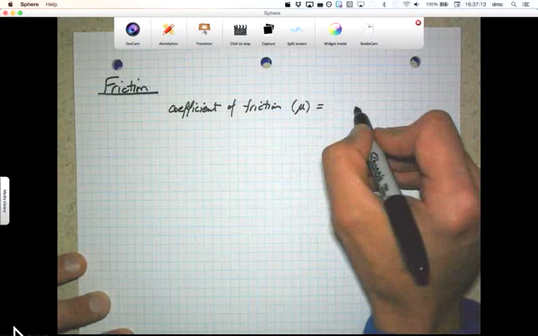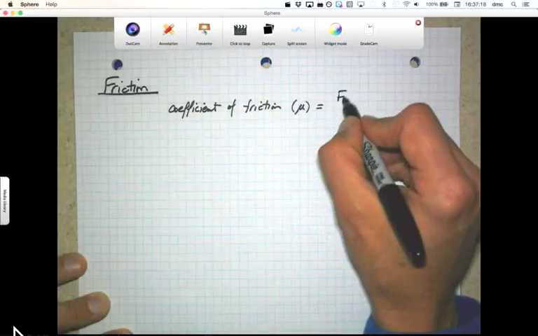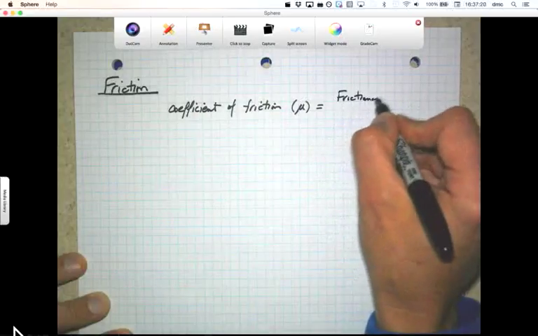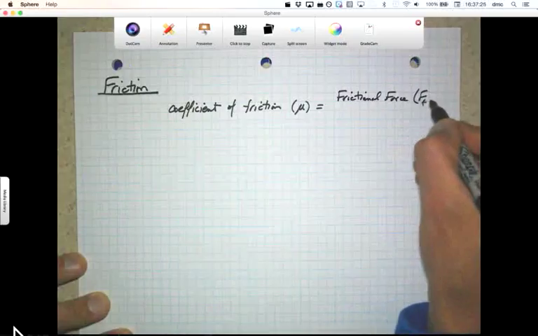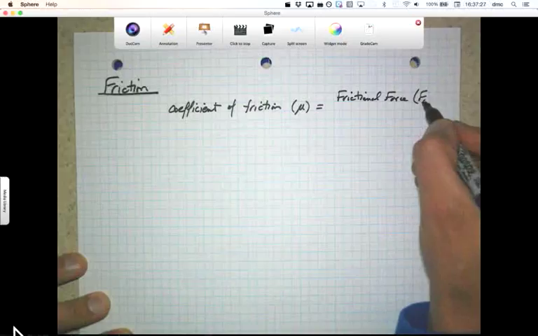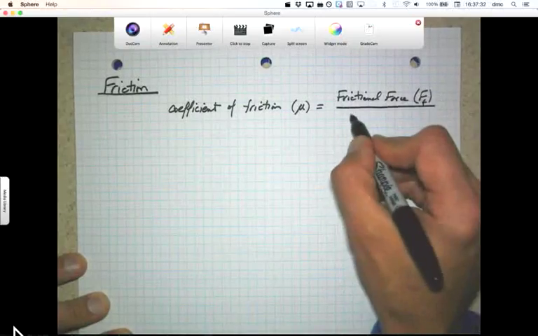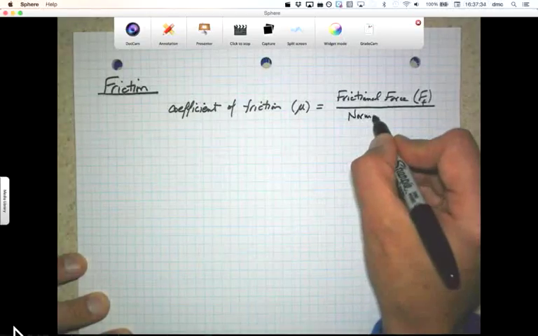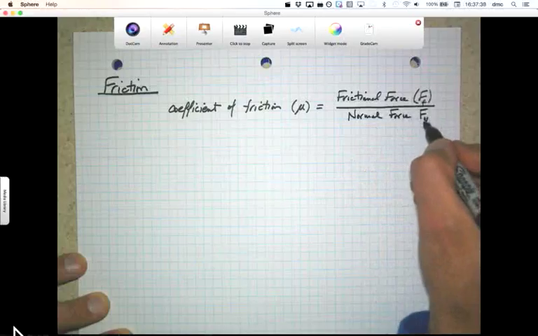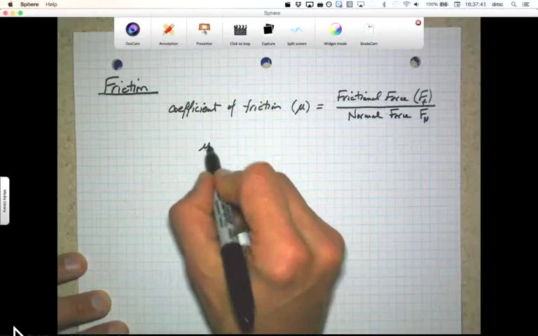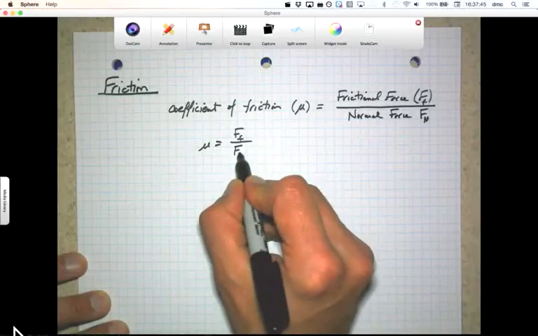It's the ratio of the frictional force, also often written as capital F for force and little subscript f for friction, to the normal force. So a lot of times you'll just see mu equals frictional force divided by normal force.